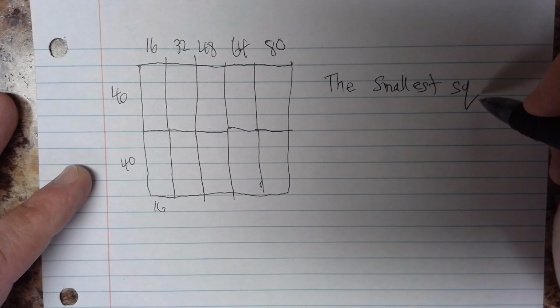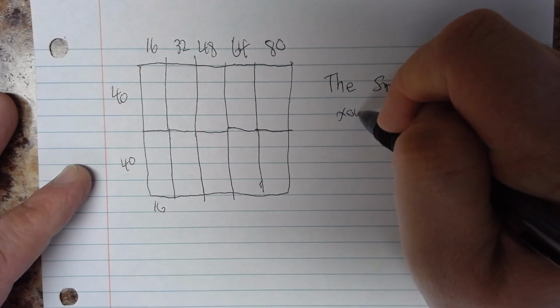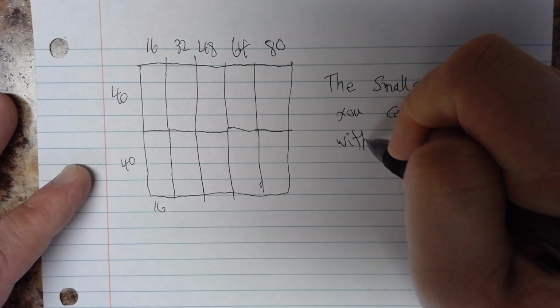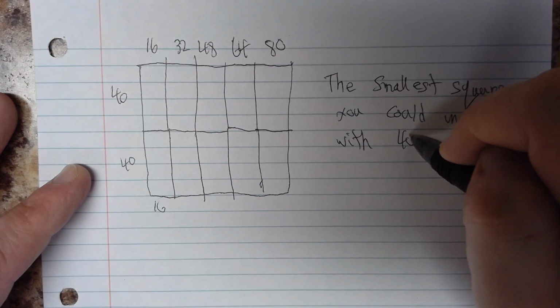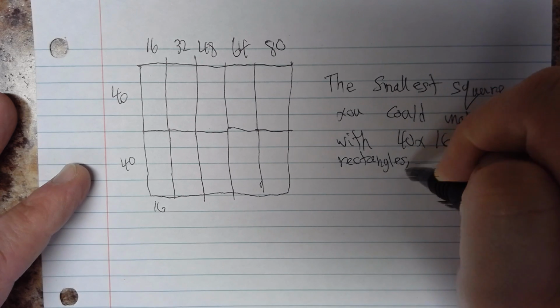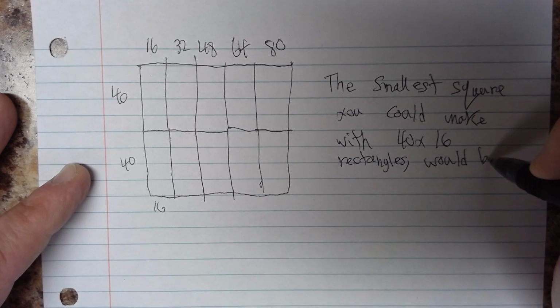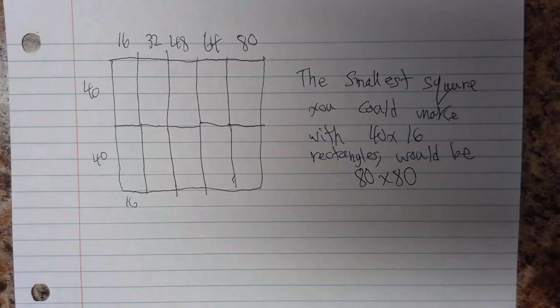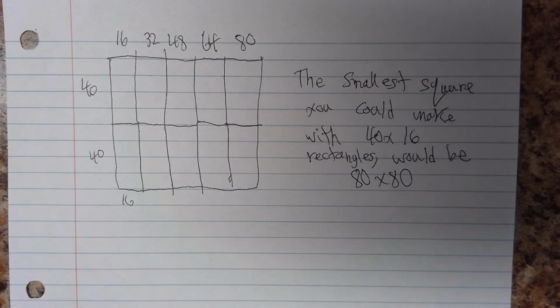Because this is 80 and this is 80. The smallest square you could make with 40 by 16 rectangles would be 80 by 80. Simple problem, simple solution.